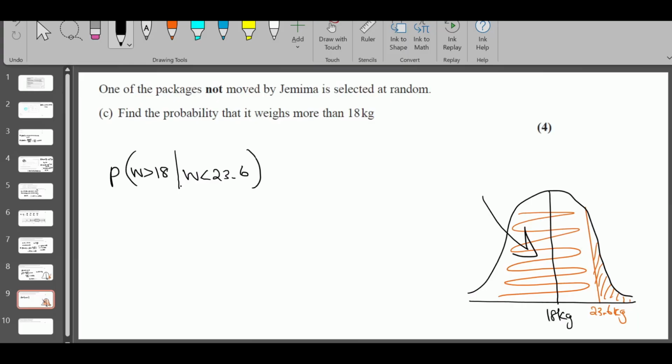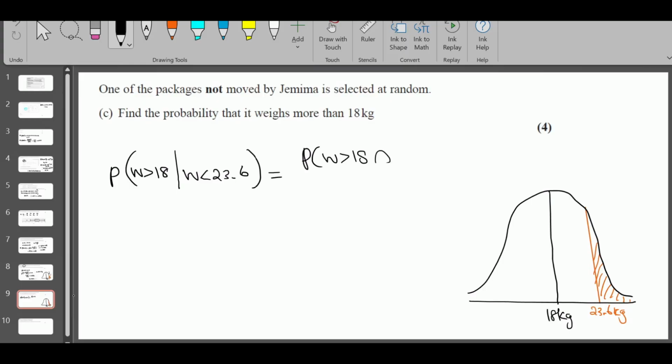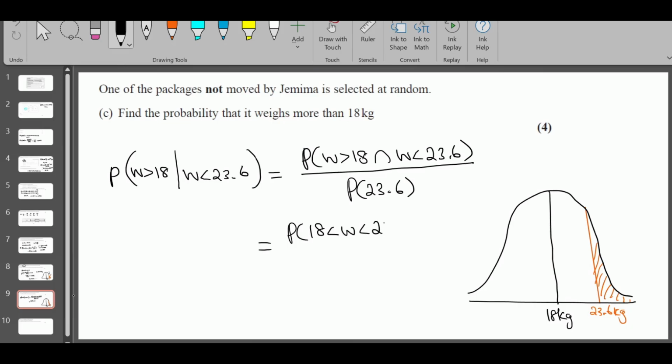So that's a conditional probability: P of A intersection B divided by P of B. The intersection is the same as P of 18 is less than W is less than 23.6, divided by P of W is less than 23.6. I'm going to write that as 1 minus P of W is greater than 23.6. Why am I writing it this way?